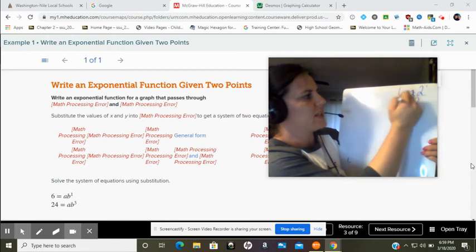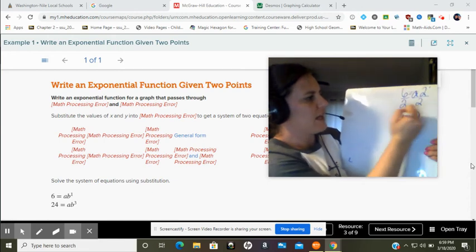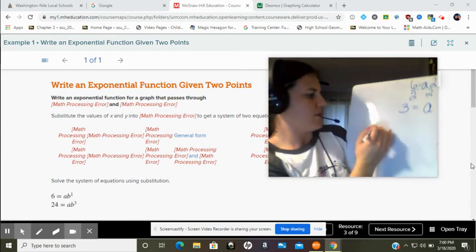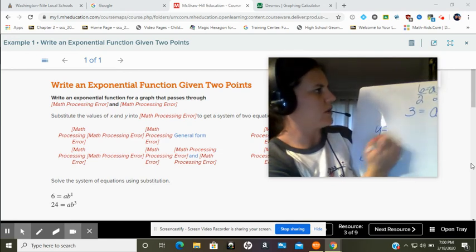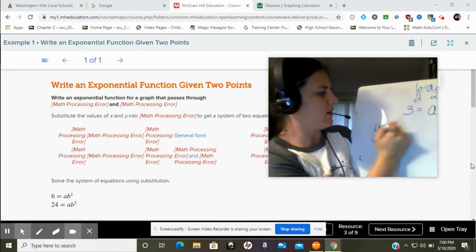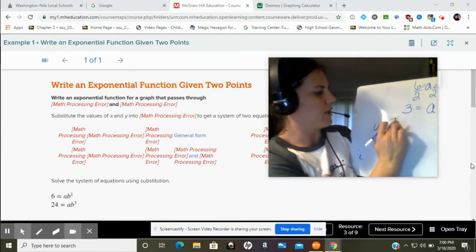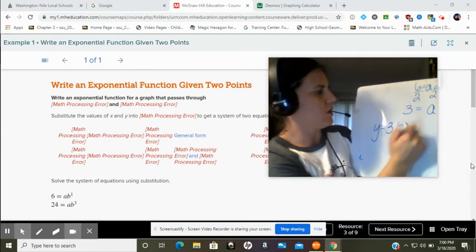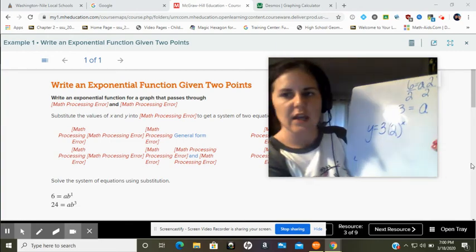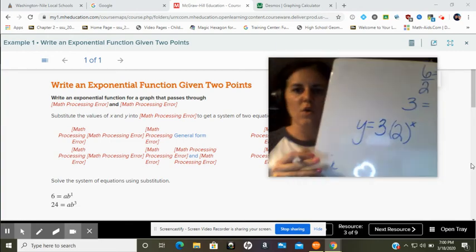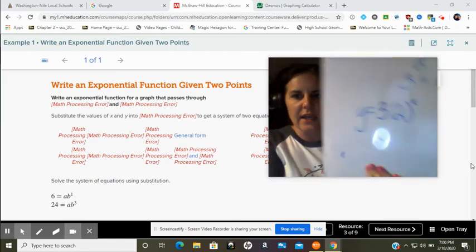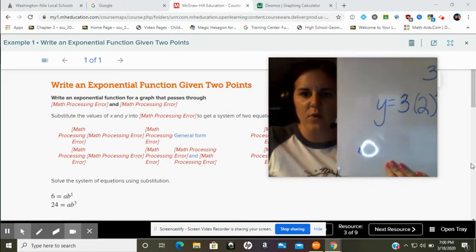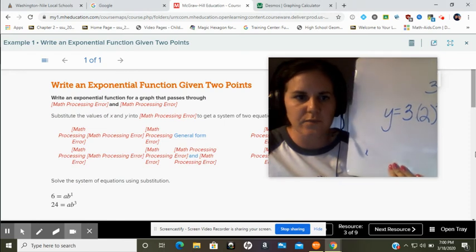I divide both sides by 2, and a is equal to 3. The equation is y equals a, which is 3, times 2 to the x power. And now this equation will satisfy both points, and we can use it to find other points on our graph as well.